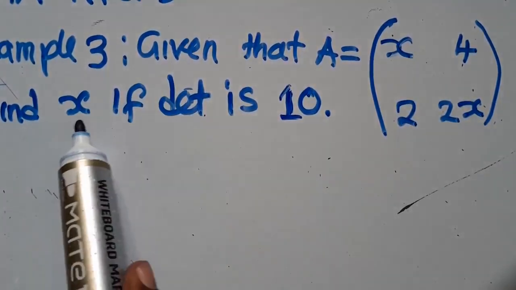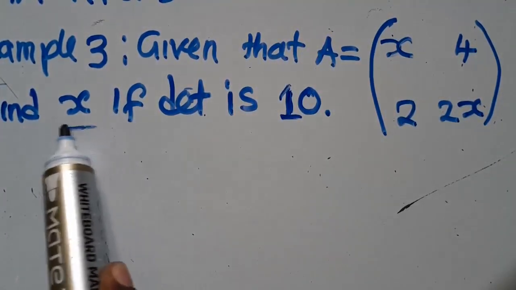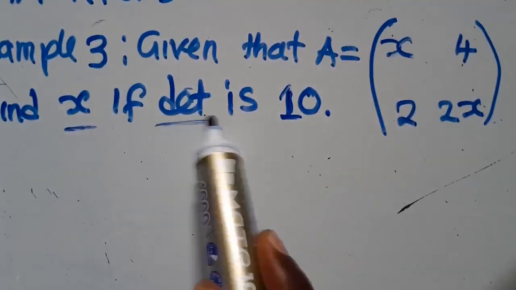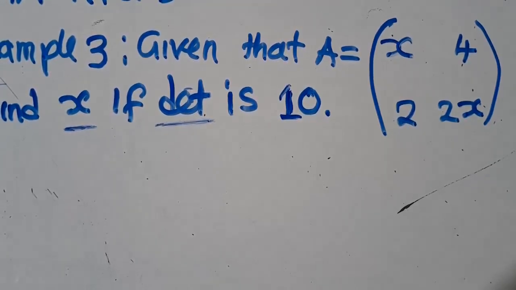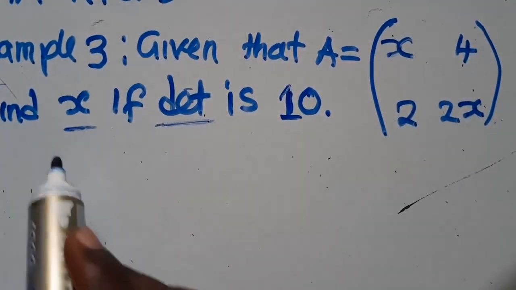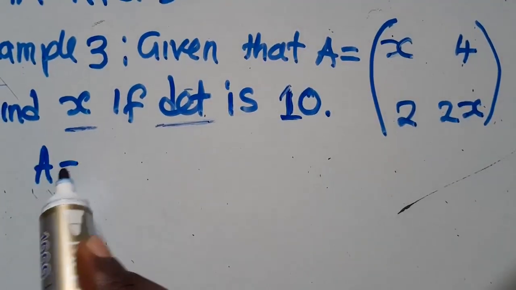So we want to find the value of x in a case where we are given the determinant. How can we go about that one? This is another question where you are given the determinant. How can you answer this type of question? This is what you are going to do. You are going to say, let's write the matrix which is given.